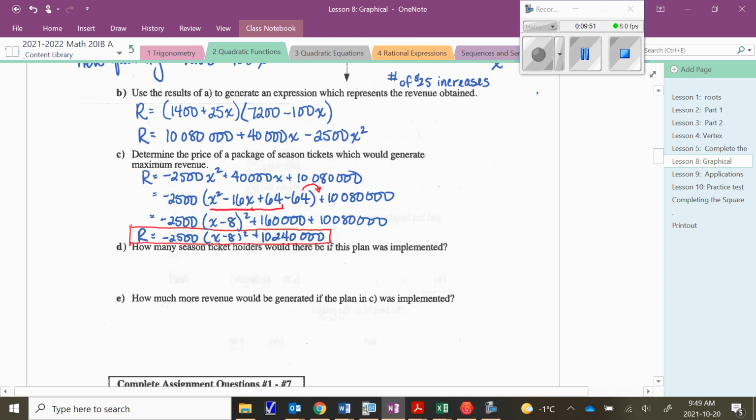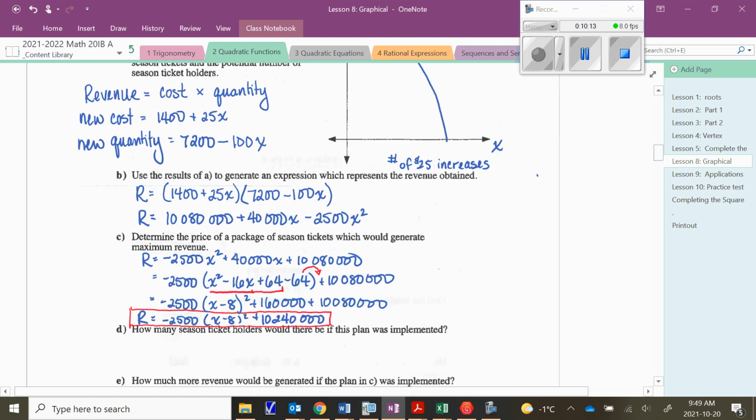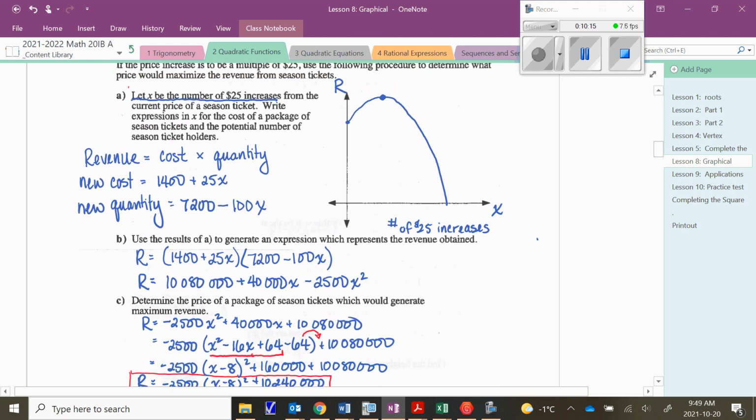That negative 64 has to get kicked out of the brackets. In order to do so, we need to multiply negative 64 by negative 2,500, which gives us our 160,000 that we add to 10,080,000, equaling 10,240,000. So that tells us that our vertex is 8 and 10,240,000. So let's take a look at our graph and see what that means then.